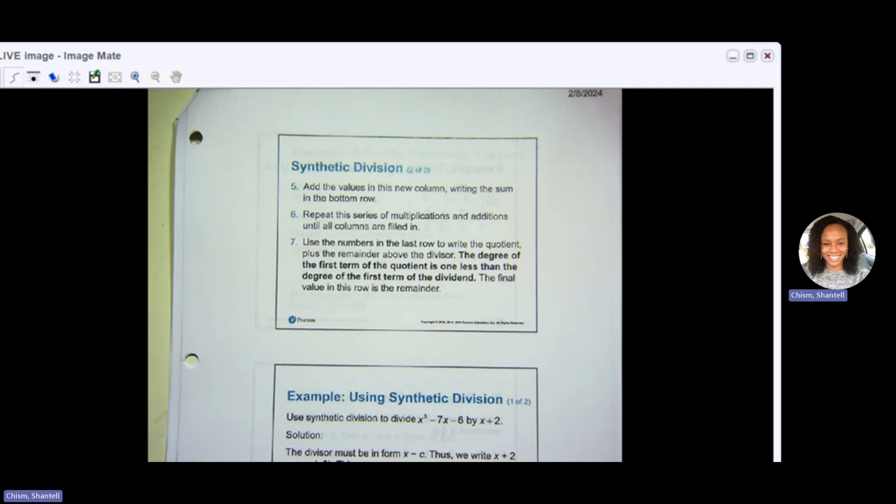The numbers on that bottom row are what we use to create the quotient, the answer. And then, of course, plus the remainder. So it'll be the quotient plus the remainder, which will be written above the divisor. The degree of the first term of the quotient should always be 1 less than the degree of the first term of the dividend. Okay? When you get that row, the last value at the end is the remainder.